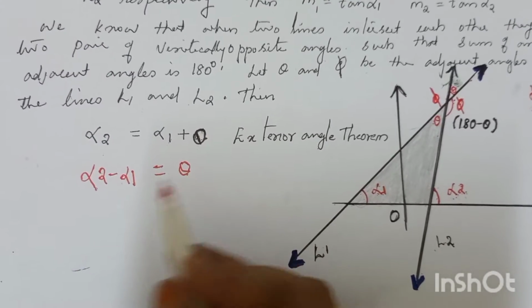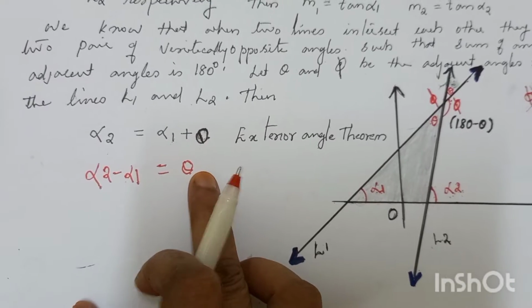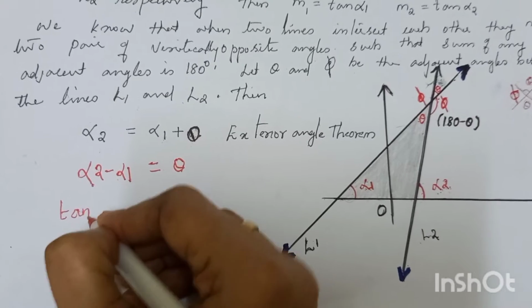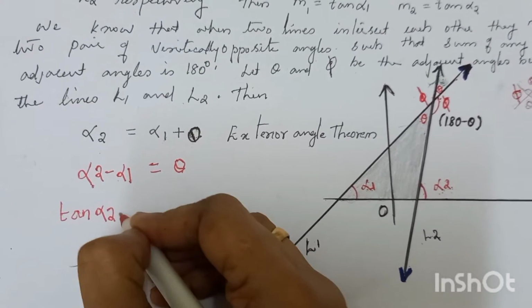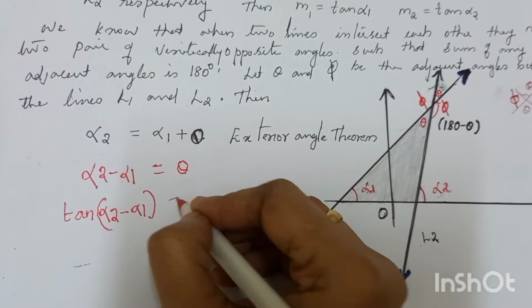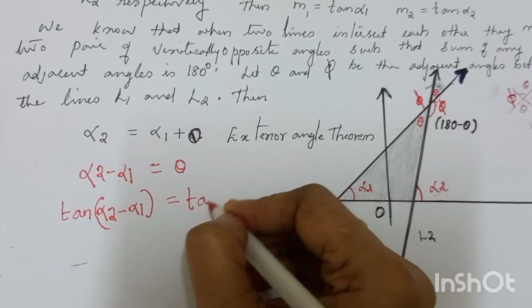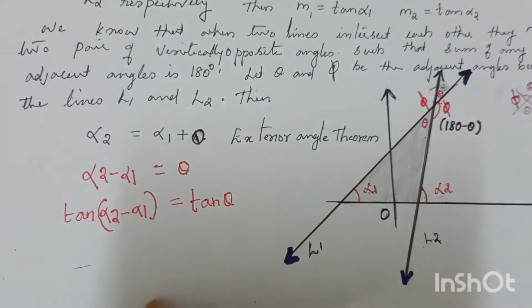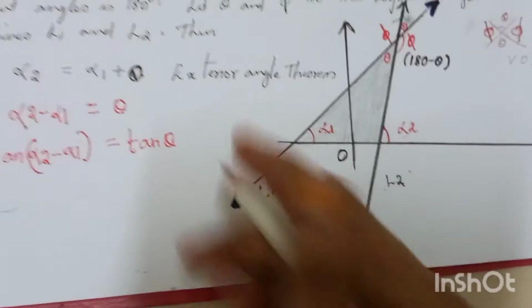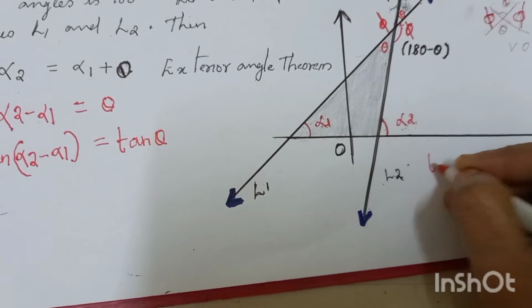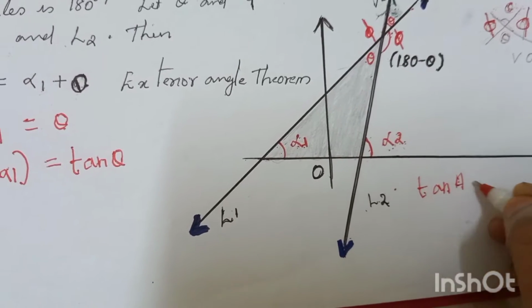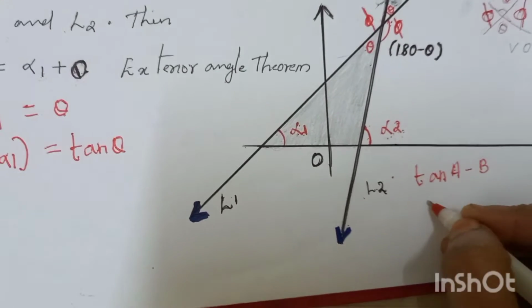Then in the next step, we take tan on both sides. Tan of alpha 2 minus alpha 1 is equal to tan theta. We already studied what tan A minus B is.